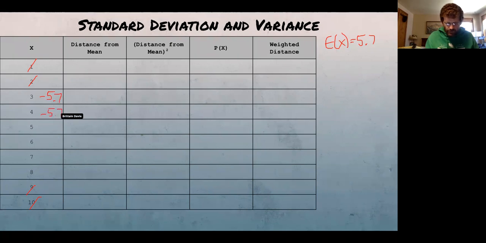All right, so 3 minus 5.7 will be negative 2.7. I know you guys, you don't have to completely copy this chart down right at the beginning. You can just kind of go down the first column and get this stuff done. I will let you guys fill in this table.